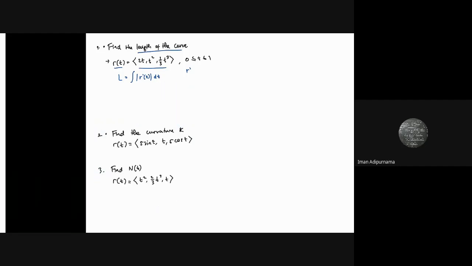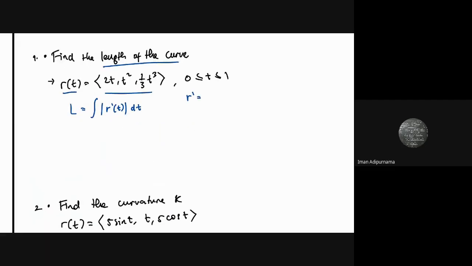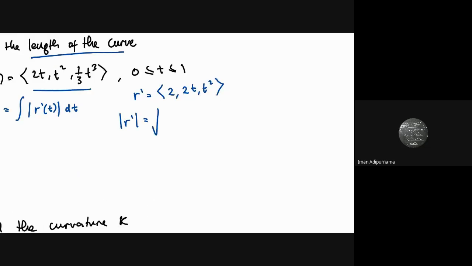Okay. So the first derivative, we get 2t and t squared. Okay, and the magnitude value. So we need to find the value first. So 4 plus 4t squared plus t with power 4.